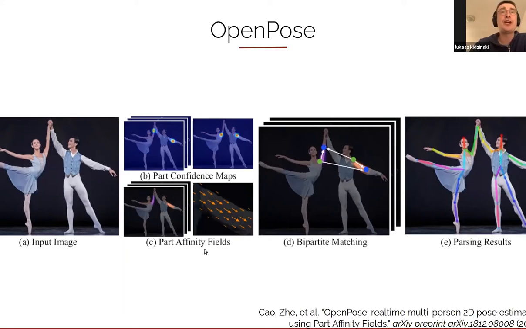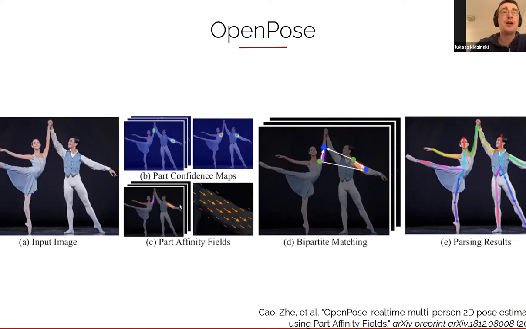And the cool trick that they used in OpenPose was to also derive, from those annotations that we have, the so-called part affinity fields, where for each point they can estimate the direction from, in this case, shoulder to elbow.